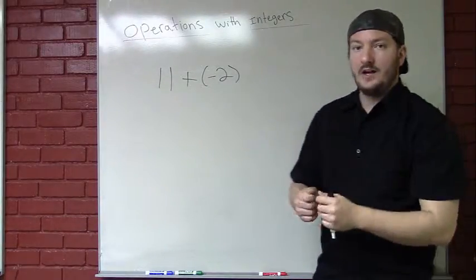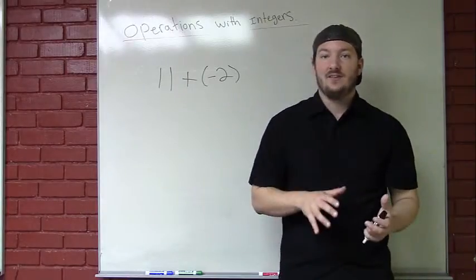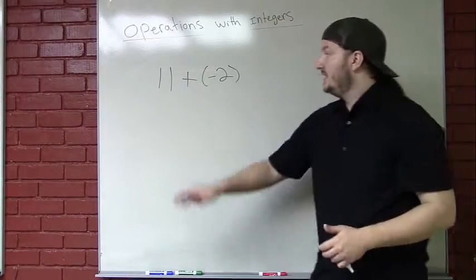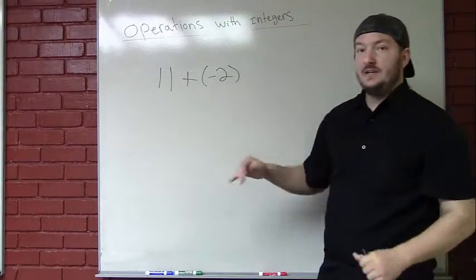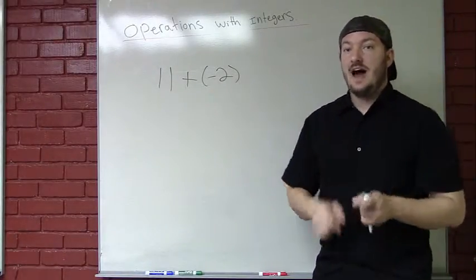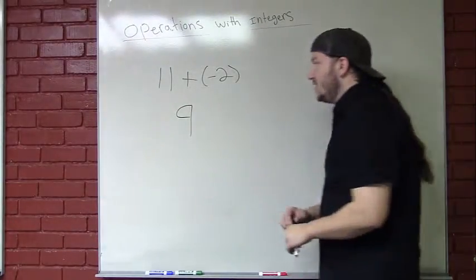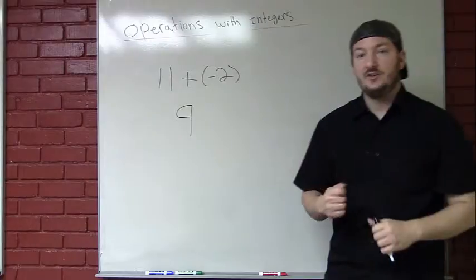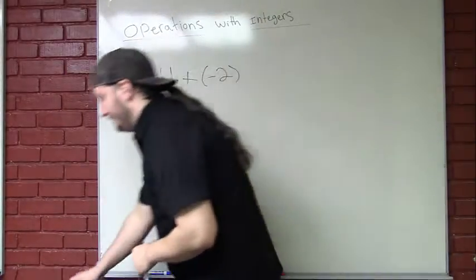So you open up your wallet and you hand them $2. How much money are you going to have left in your wallet? Okay, so 11 minus 2 would be 9. So you have $9 left in your wallet, okay? So don't worry, we'll try another one.